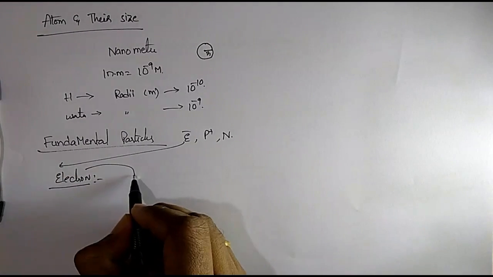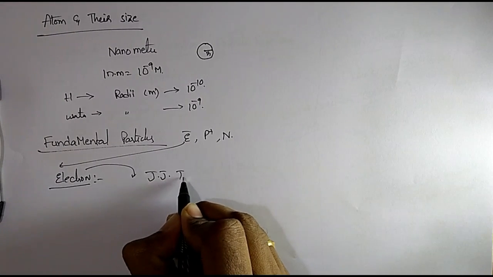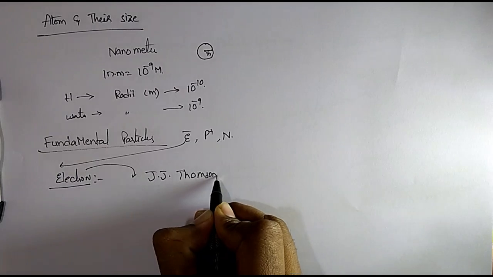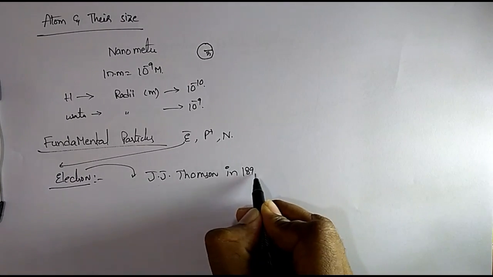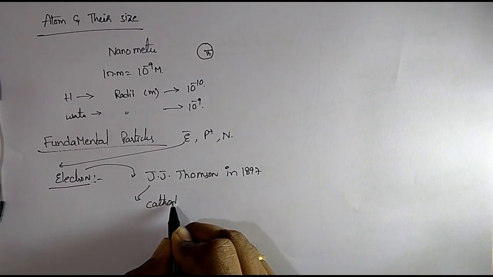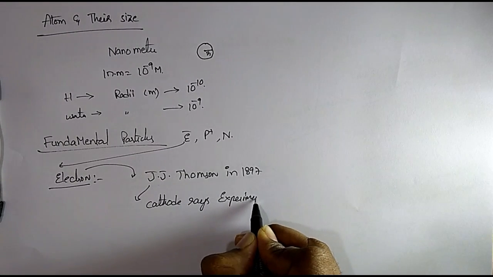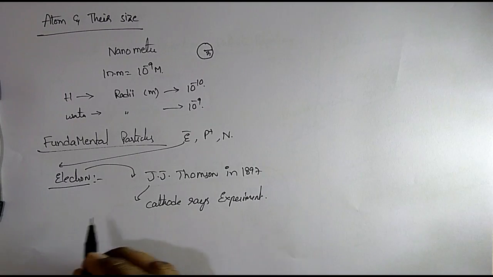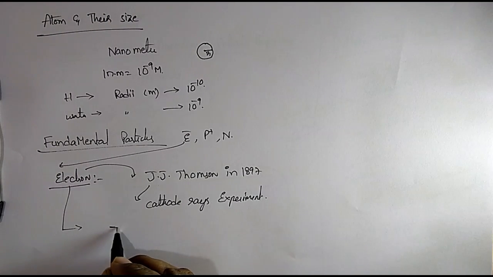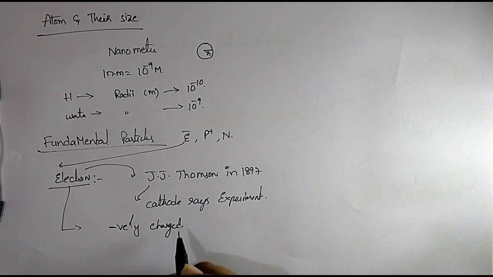We know that the electron was discovered by J.J. Thomson in 1897 in his cathode ray experiment. And we know that the electron is a negatively charged particle. Very important.